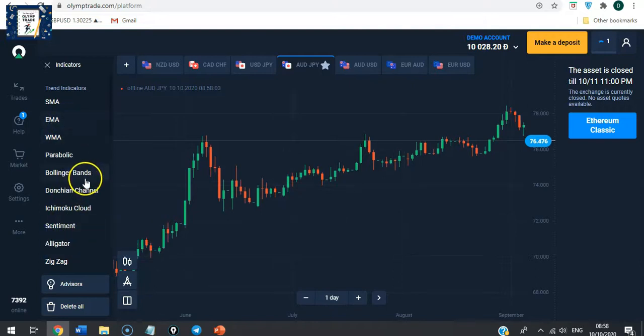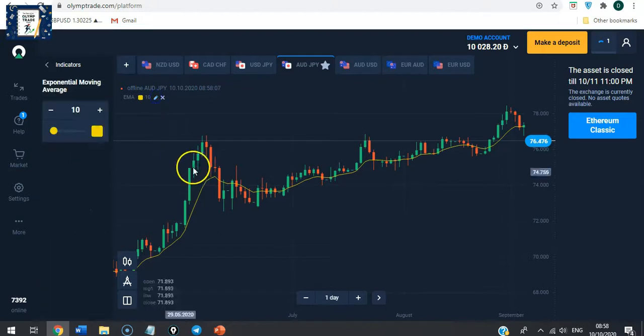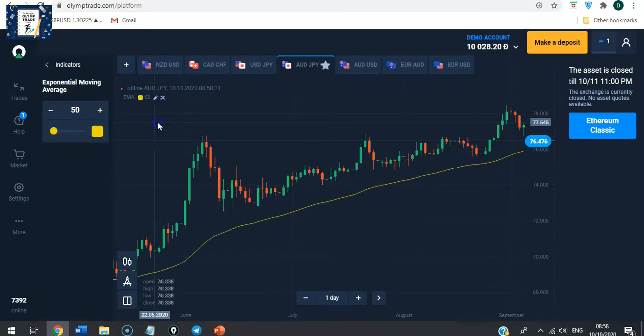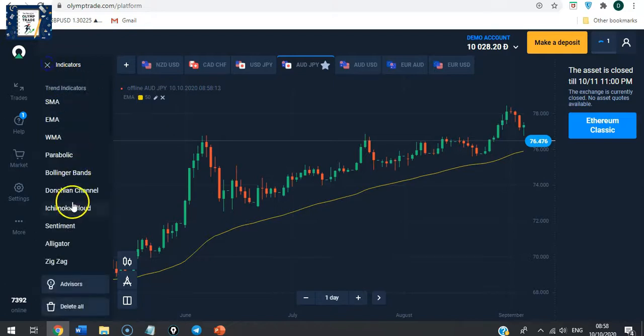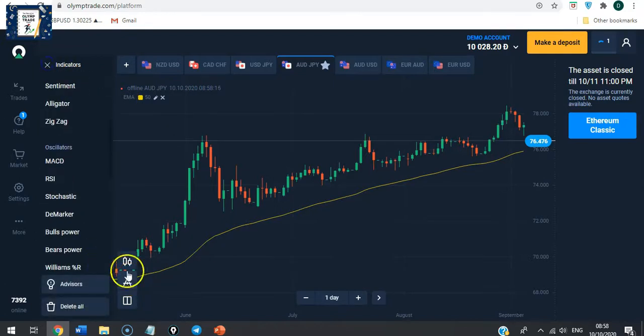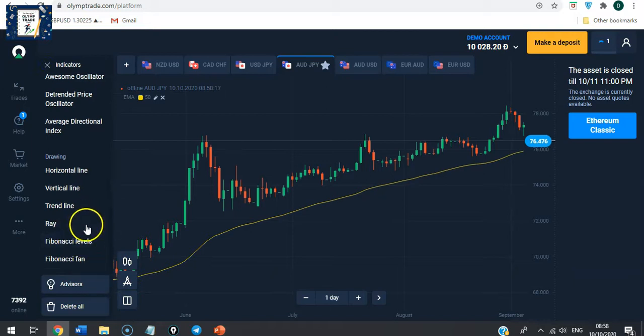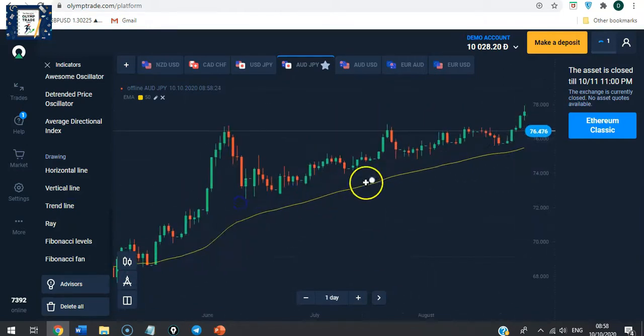So perhaps you will have EMAs. We'll put in a popular one, which is 50. Perhaps you will have, with the tools on the side that we can see, perhaps you will mark out a trend line.